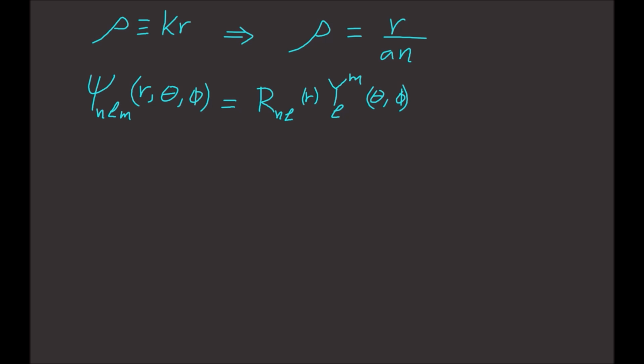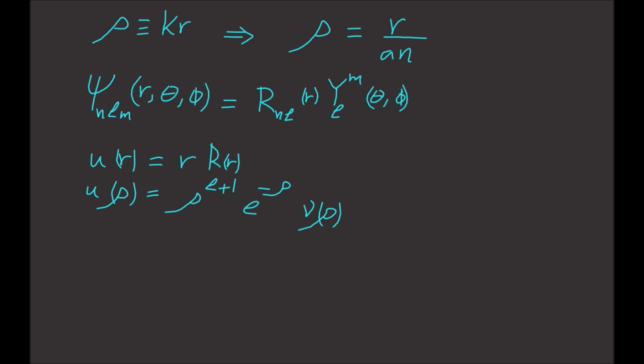From an earlier equation, we defined the u of r. We're trying to put everything together now. u of r as r times R of r, right? And we defined the u of rho to be equal to rho to the l plus 1 times e to the minus rho times this new function of rho.